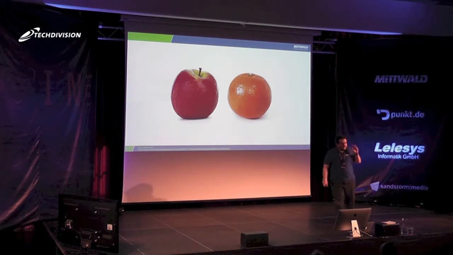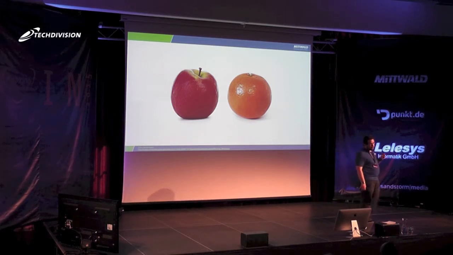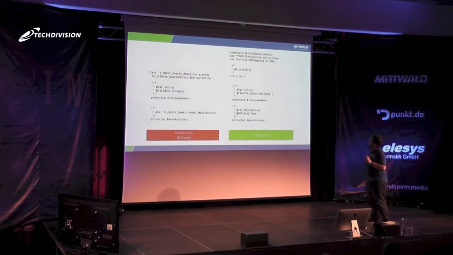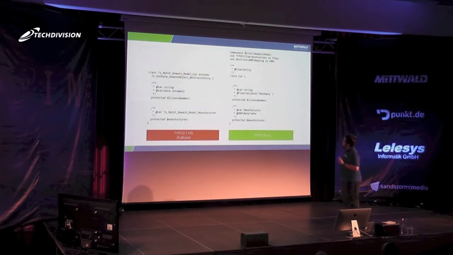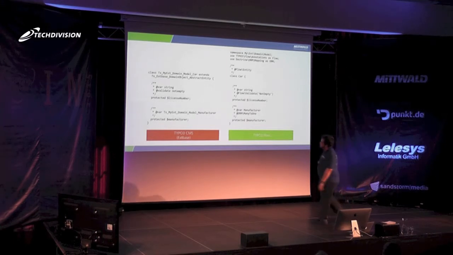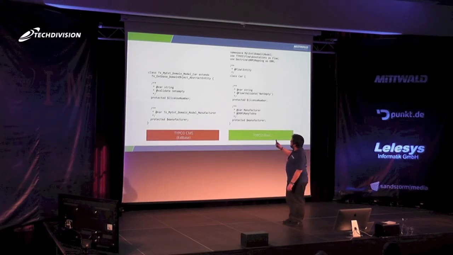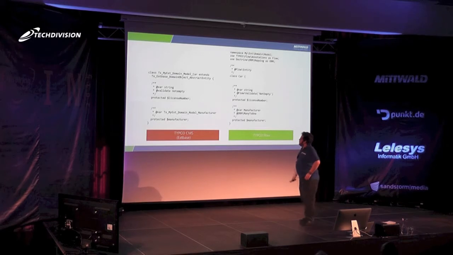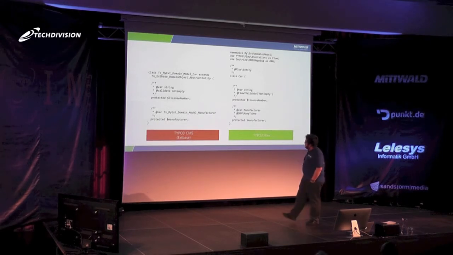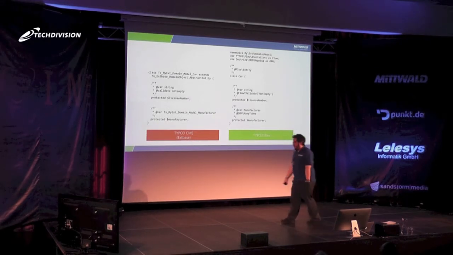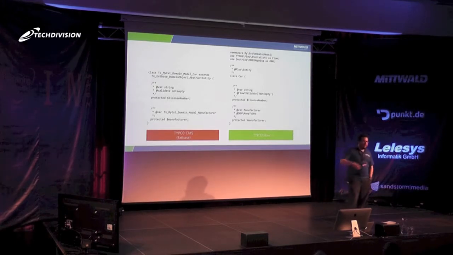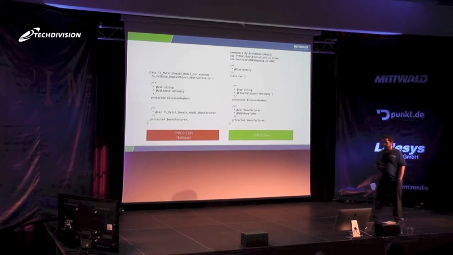So, all right, that being said, let's have a look at a little bit of code. What we see here is a very, very simple domain entity class that we can use in XBase. So we have a class called car with two simple properties, license number and manufacturer. And on the right side, we see how the same entity class would look in TYPO3 Flow.